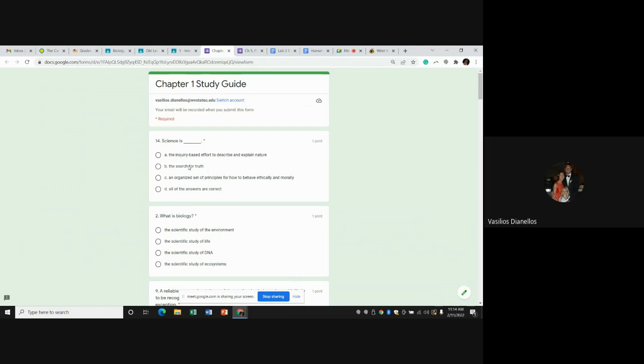You could say religion is the search for truth, right? So that's not specific enough. This one, an organized set of principles for how to behave ethically and morally. I mean, there are standards of how to behave ethically and morally in science, but science itself, the scientific process, strictly speaking, does not include that. So yeah, the answer is A.